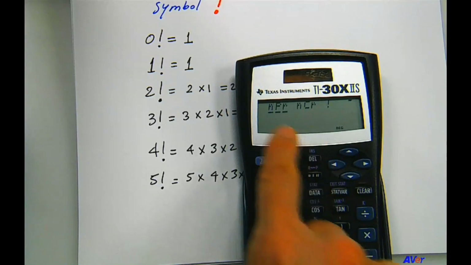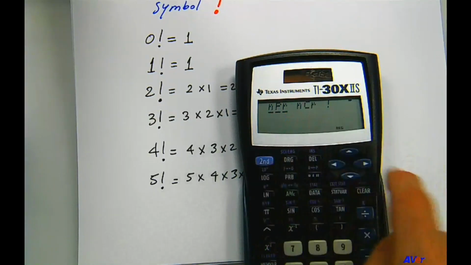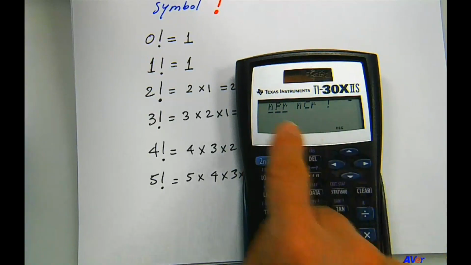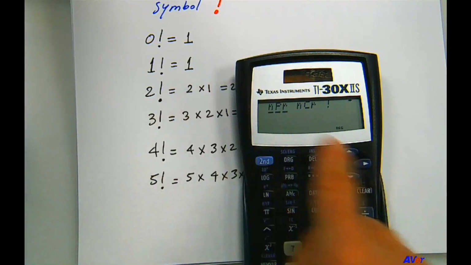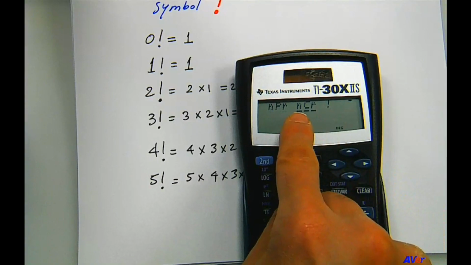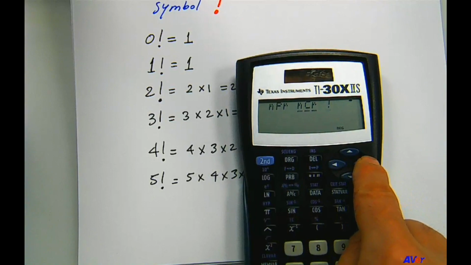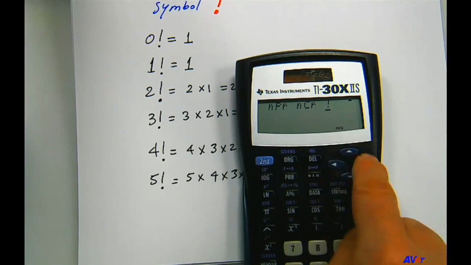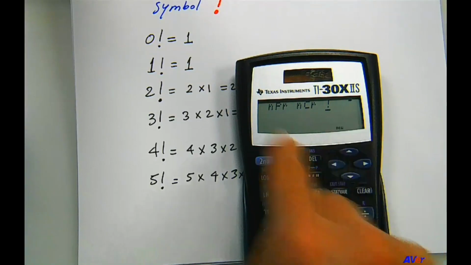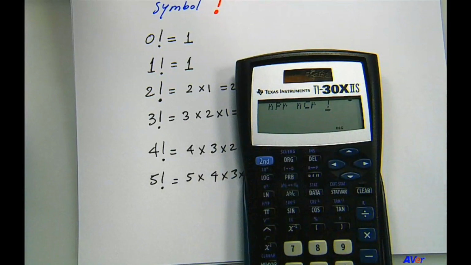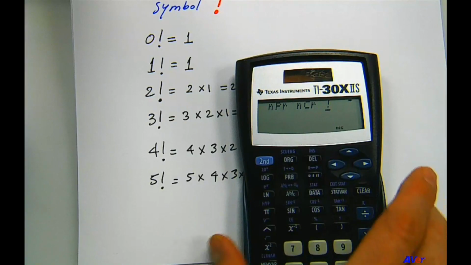If I hit that, notice that I can now move my selection using these arrow keys. I can move my selection to nPr, that's permutation of events, which is the subject here. The second one is the combination of events, which is the subject in section 8.5. And then the last one is the factorial. Whichever calculator you use, make sure that you know which buttons can obtain the factorial for you.